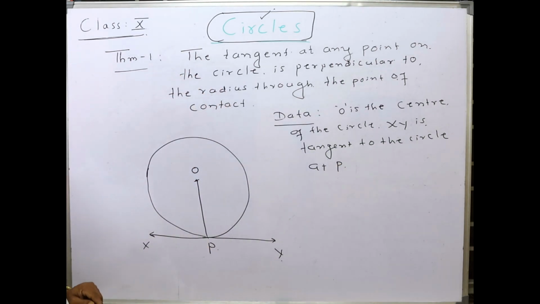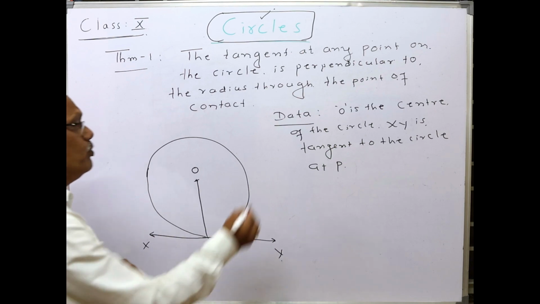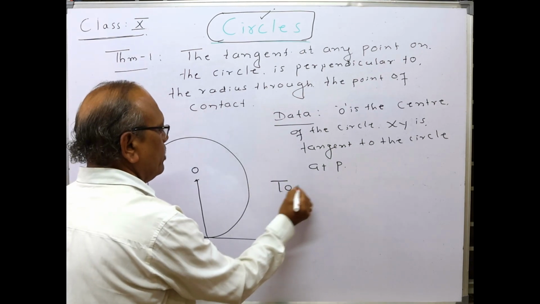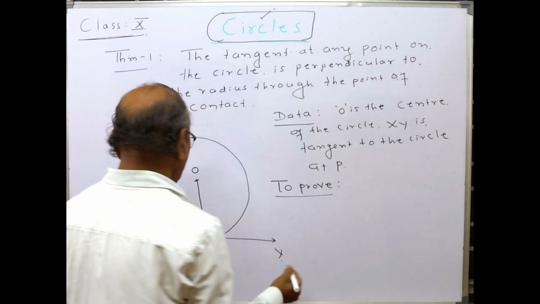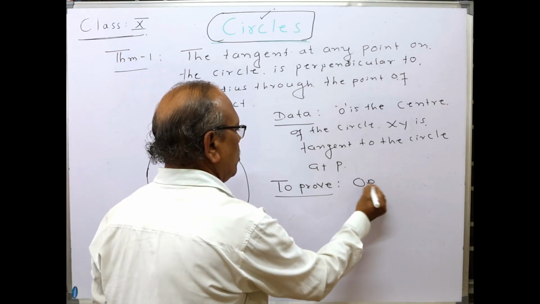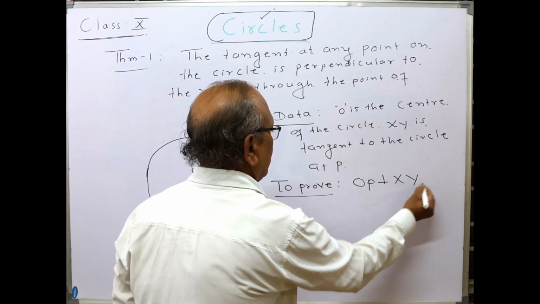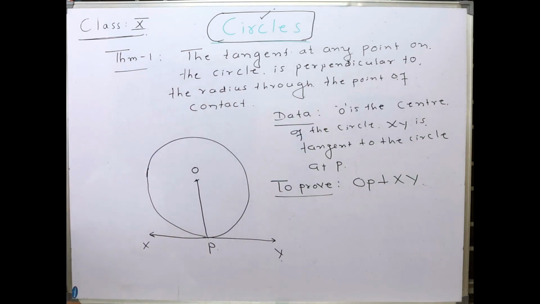This is what is given to you. What is to prove? We have to prove that OP is perpendicular to XY.